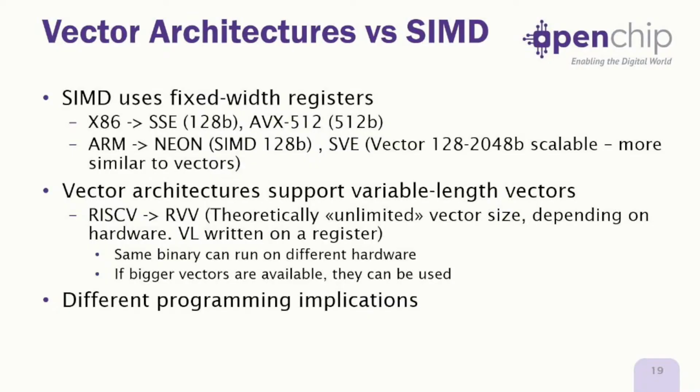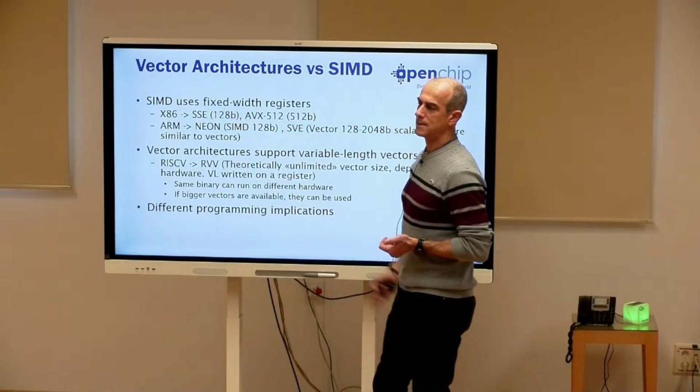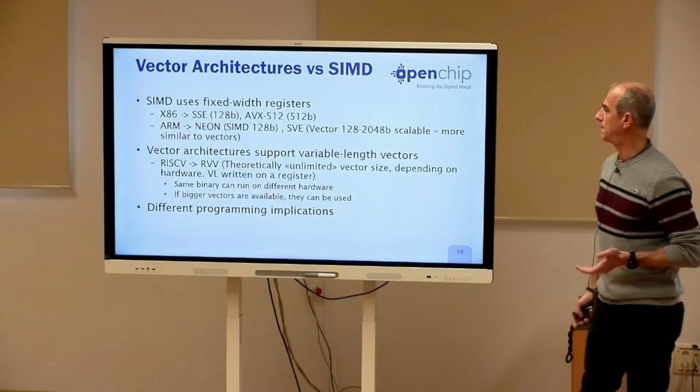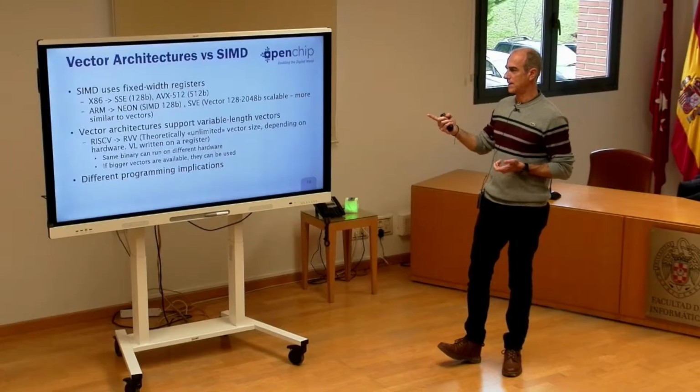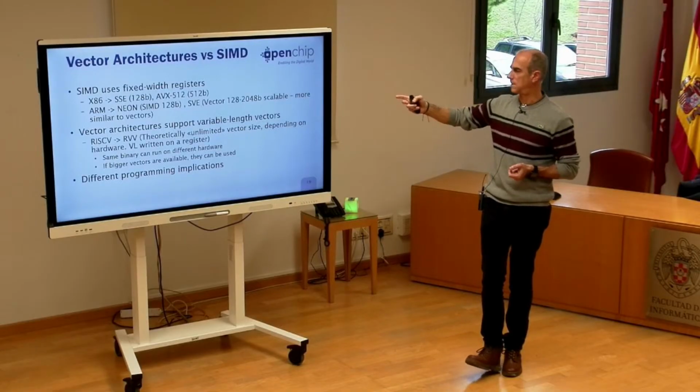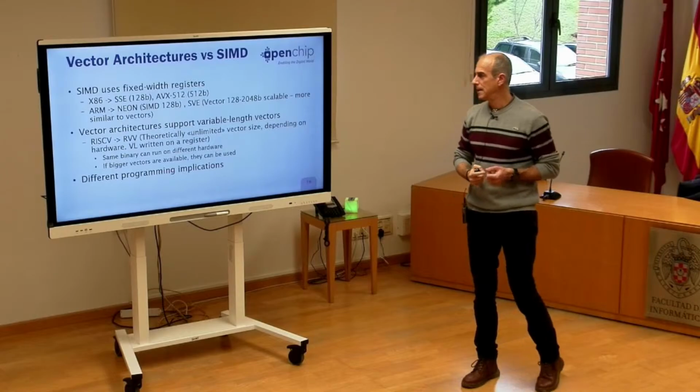SIMD uses fixed width registers. We have some examples in x86 and in ARM. x86 uses some extensions which are called SSE, which use 128-bit registers, or there are other extensions. I just reported a few of them there.